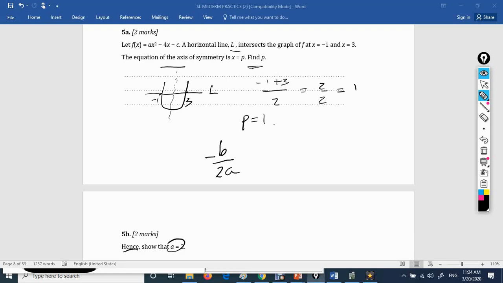And then looking at the original equation f of x, b is negative 4, so minus b will be minus negative 4 over 2a. But we know that this equals 1. So let's solve this equation and show that the value of a is 2. So negative times negative 4 would be positive 4. And let's just send the 2a to multiply 1, so this equals 2a. And then here we go, because obviously a is equal to 2.